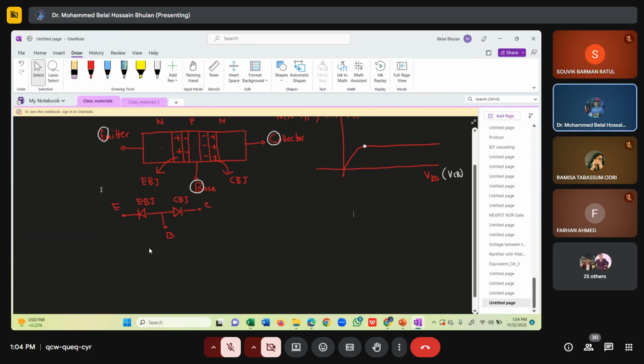Now, why do you call the emitter the emitter region, the base the base region, and the collector the collector region? First of all, the emitter side is heavily doped.